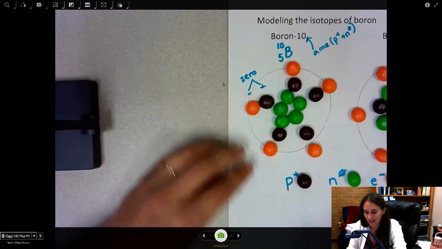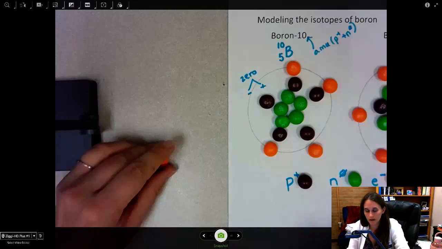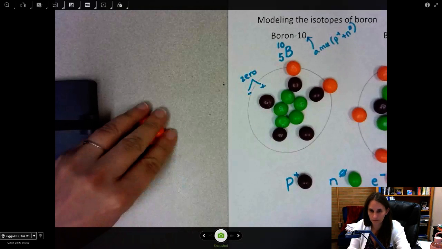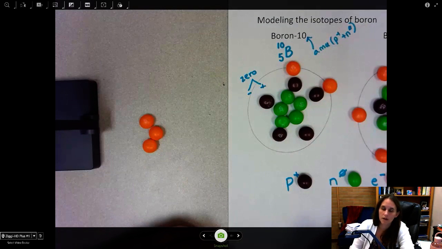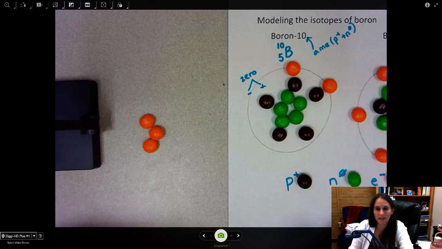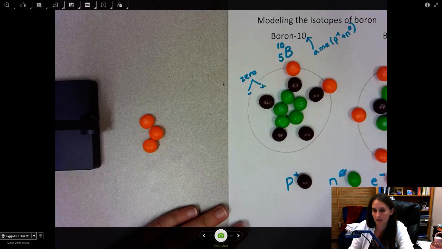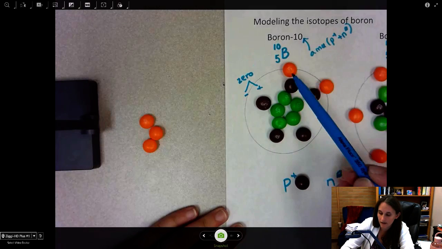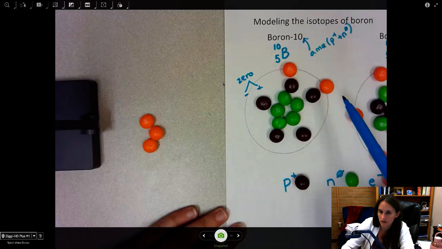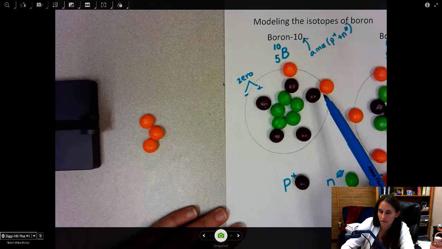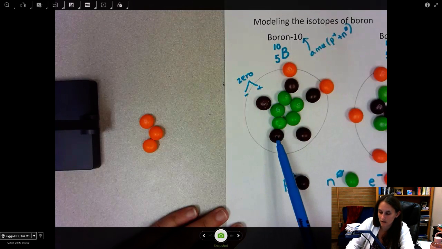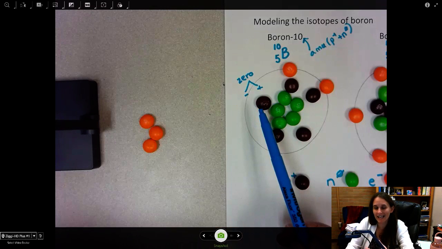But we just said that boron, if it loses 3, will become more stable. It has a full valence shell and now would be isoelectronic with helium. So here, if I look, I have canceled out, so I have my plus and minus becoming 0, and then I have 3 protons. I didn't gain a proton.